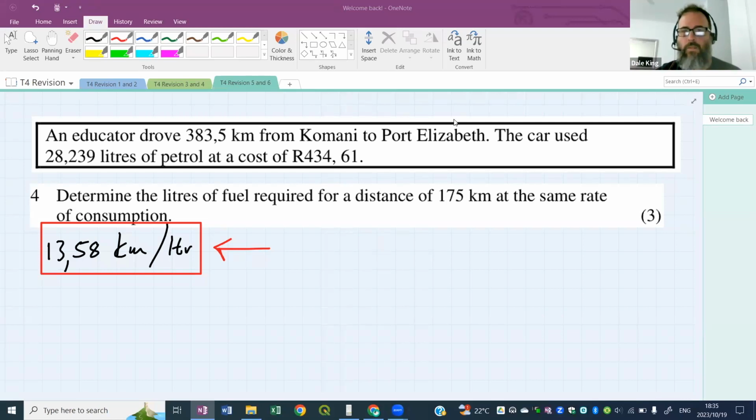yes, something like this will be in today's quiz. It'll be graphs that we did on Tuesday and conversions that we're doing today. So if we know that we can go 13.58 kilometers on a liter, what I want to know is how many 13.58 do I have in 175 kilometers?